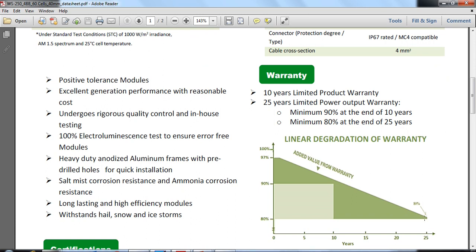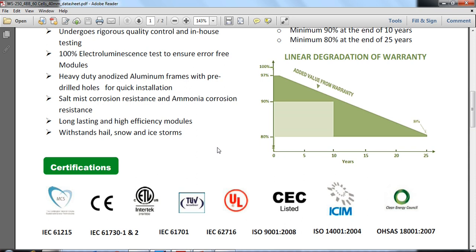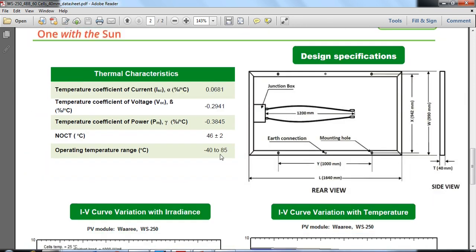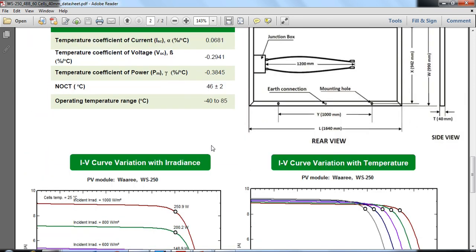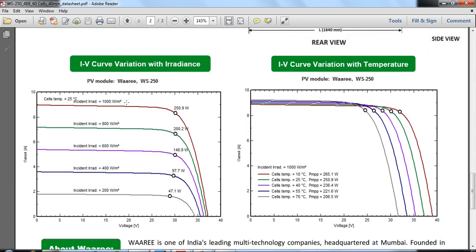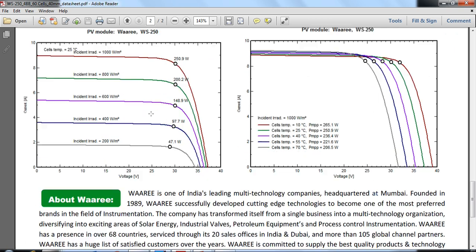This is the linear degradation of the warranty that has been reflected here. This is the thermal characteristic. This is the IV curve with the change in radiation. This is similarly the IV curve with the change in temperature. See, here the voltage has collapsed, and here the current has collapsed.